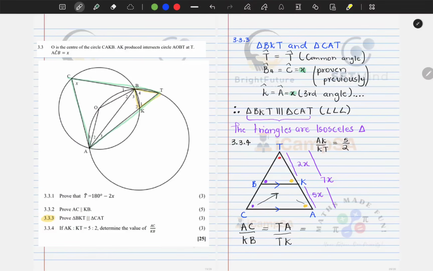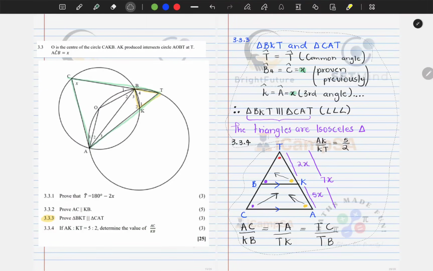Then you move to the orange angle, and you have TC divided by TB. And then this problem becomes very easy.